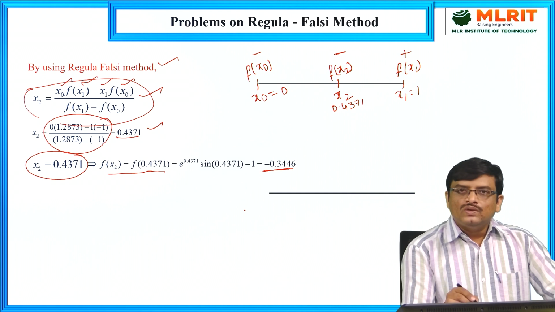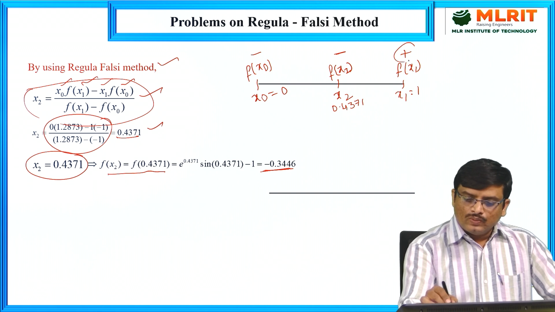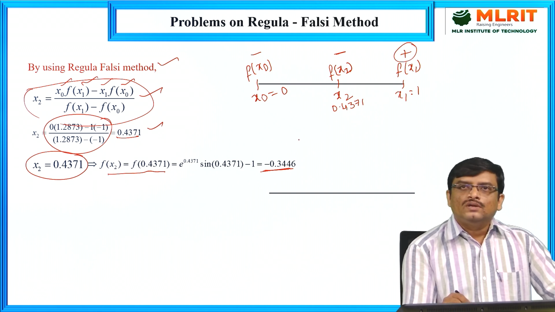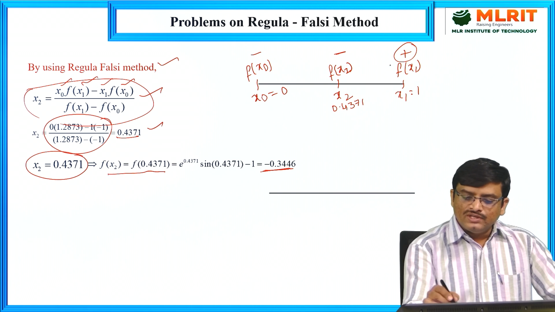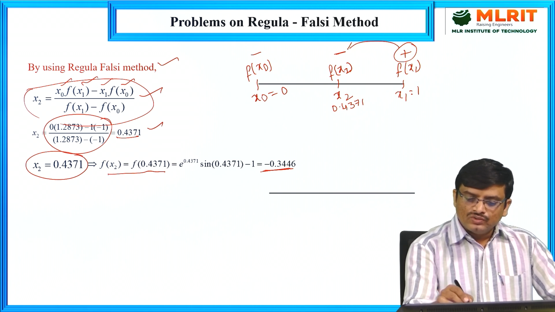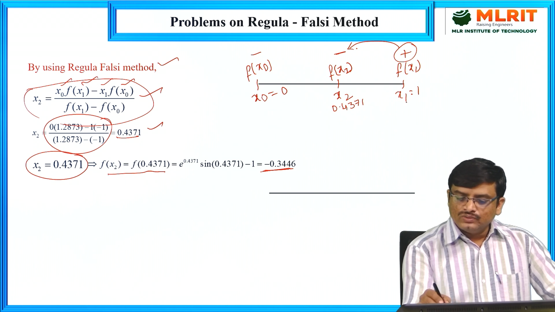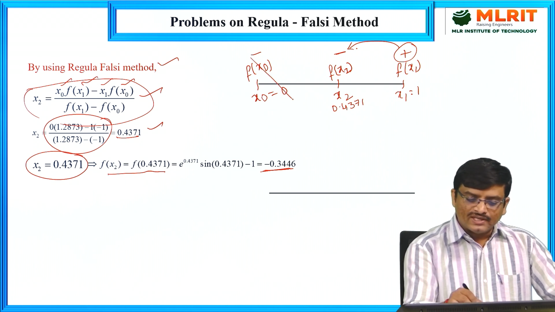Now as usual, whatever we have discussed in the bisection, follow the same procedure. So here positive sign is not repeated and the negative signs are repeated. Now you consider the negative sign which is nearest to this positive sign. So it is very clear that x2 is very nearest to x1 when compared to this x0 value here.